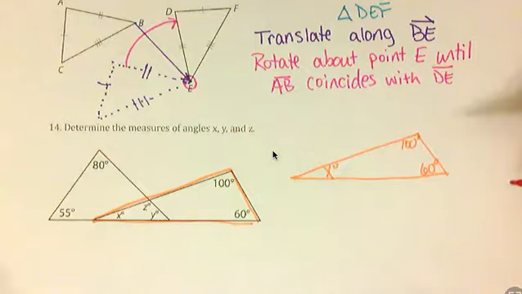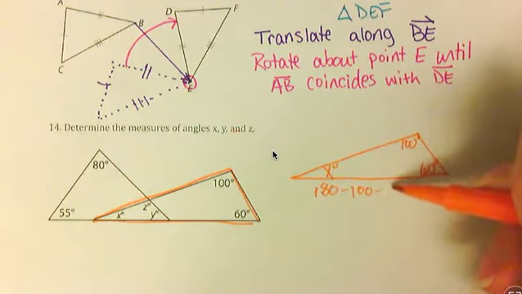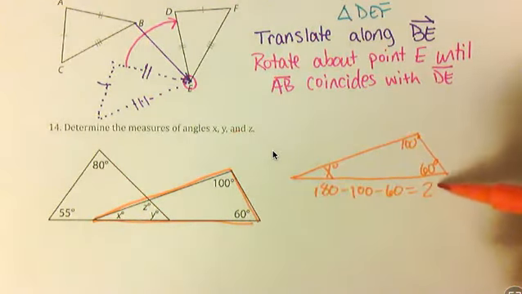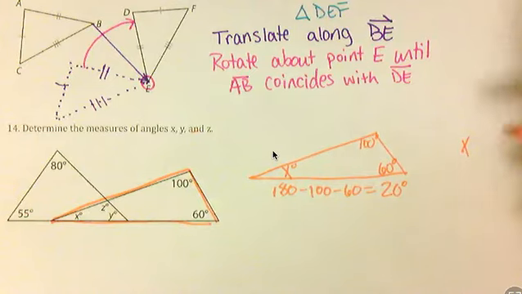We know that the triangle has to add up to 180 degrees. So you just have to figure out the angle that's missing here. Well, 180 minus 100 minus 60 is 20 degrees. X equals 20 degrees.